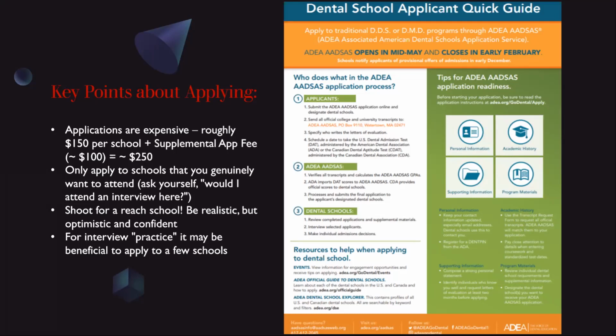So don't freak out if you're not 100% sure about your full list of schools. It can be a process that takes time, and we will discuss that more in the future of this meeting.